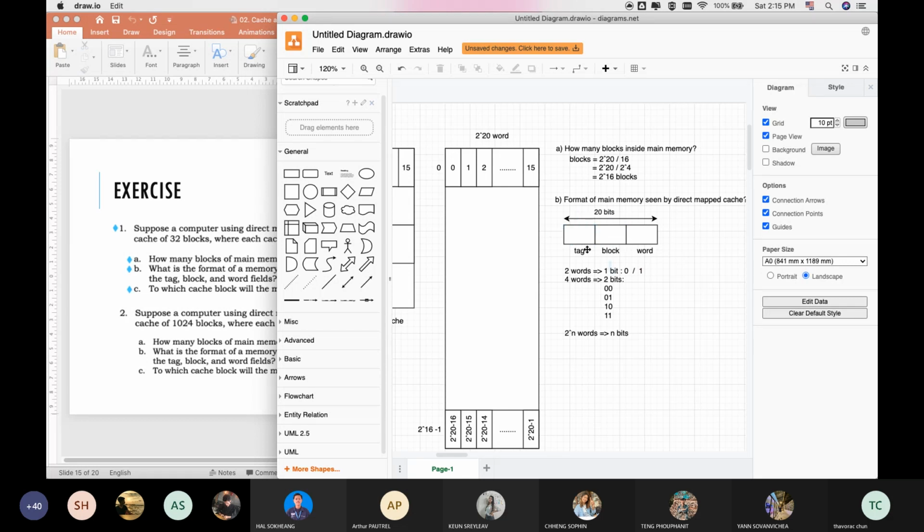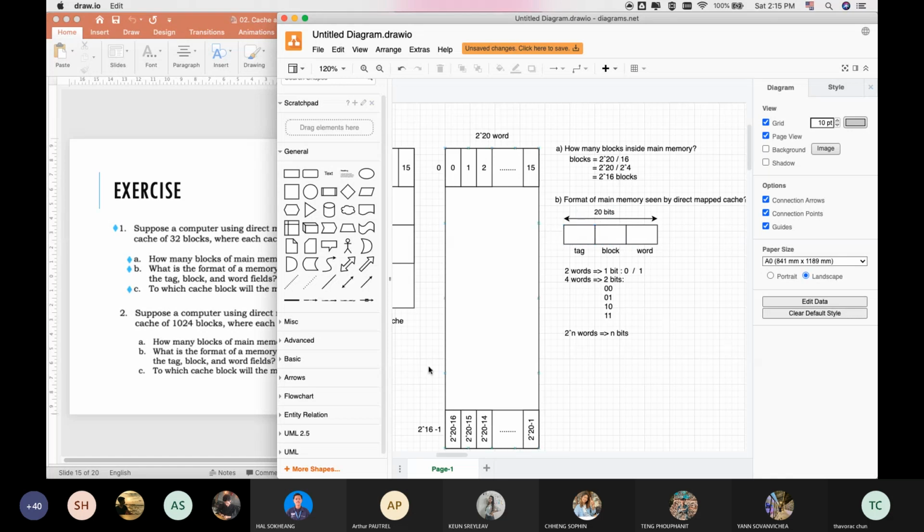So what you need to do after that, you need to find out the number of bits needed to encode all the words inside one block. And then the same thing, you need to find the number of bits to encode all the blocks inside the cache. And here is for the remaining.